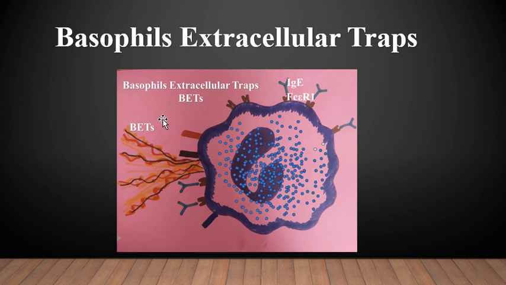Also, basophils have the capacity to produce extracellular traps known as BETs from their modified chromatin.